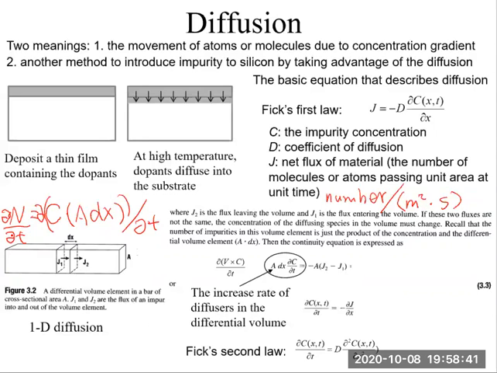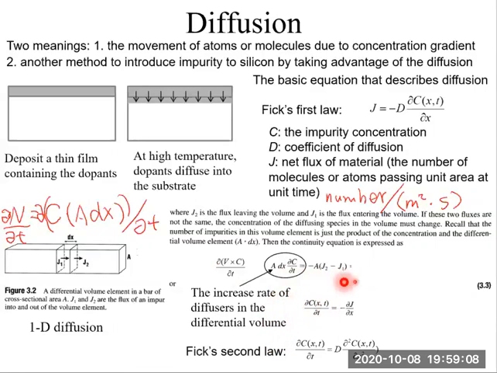A times dx is a constant, so we can move it out of the parentheses. So the left side becomes A dx times the partial derivative of C with respect to time t. That's the increase rate of diffusers in the differential volume.